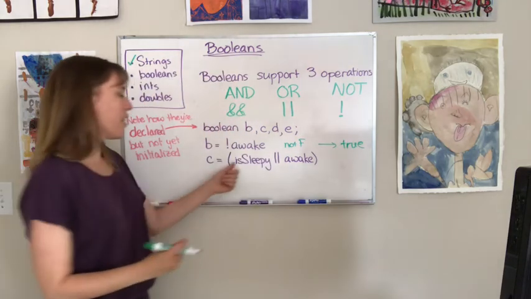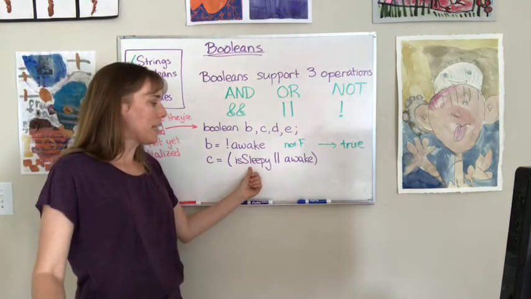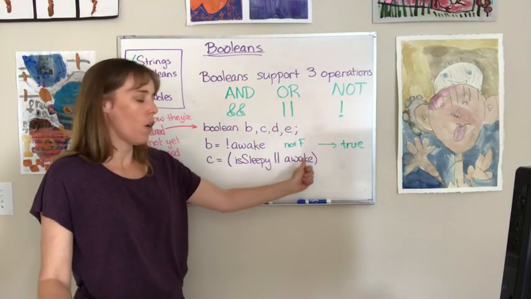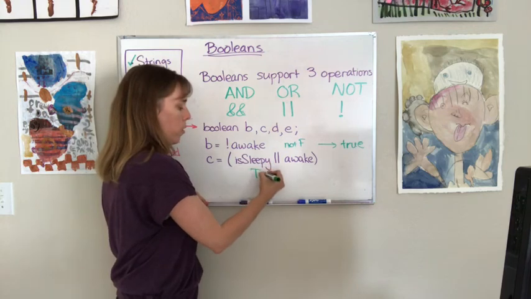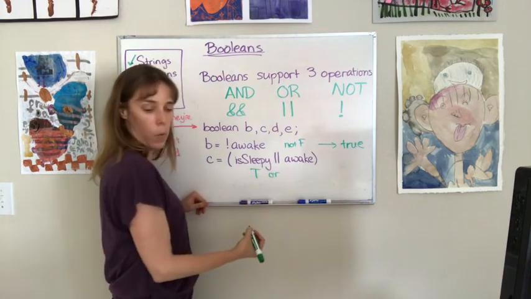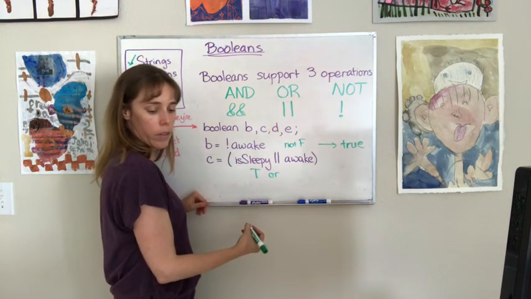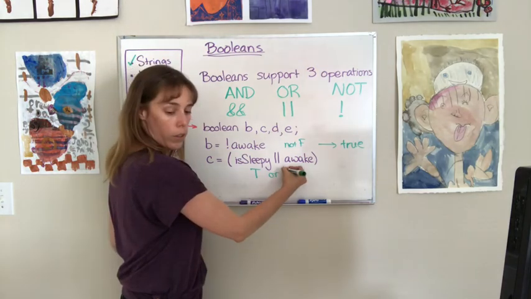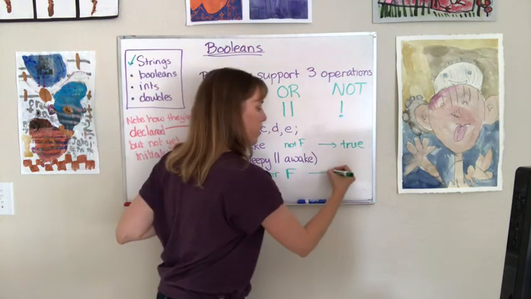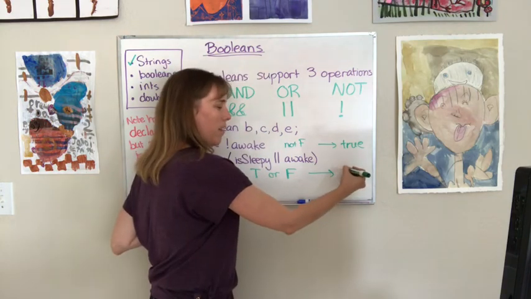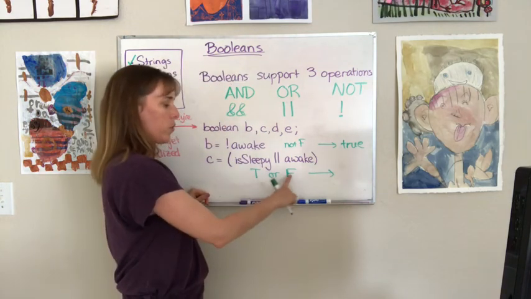It's true. All right, C, is sleepy or awake? So is sleepy was true, or awake was false. I was not awake. Generally not awake while trying to teach class. Okay, that's going to come out as either this or this.